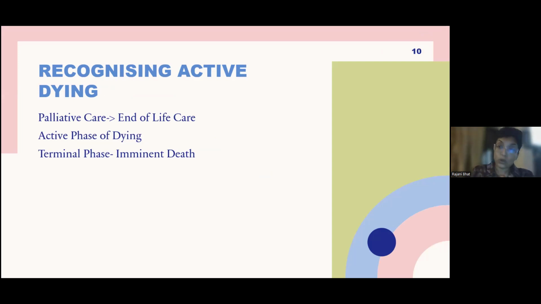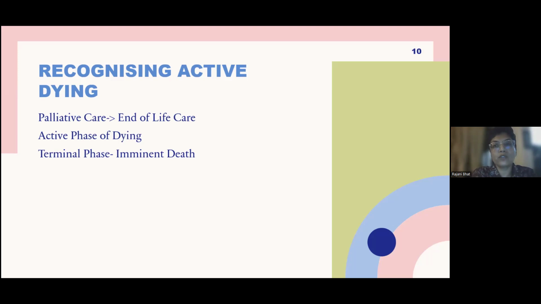So it makes the patient and caregiver also very hopeful, because they come so close to the brink and then they slowly pedal their way back. So recognizing the active phase of dying can be tricky, but there are certain signs which tell us that that is happening.